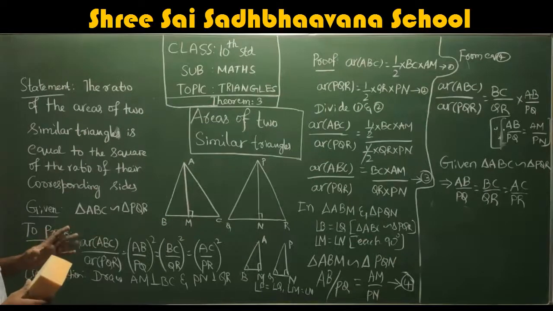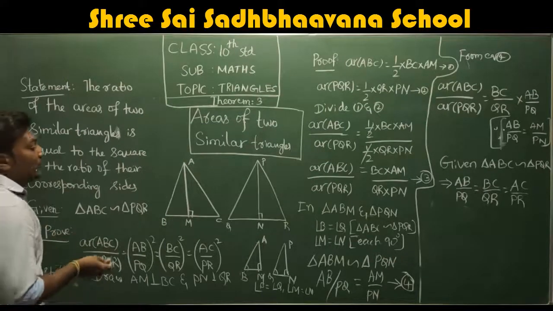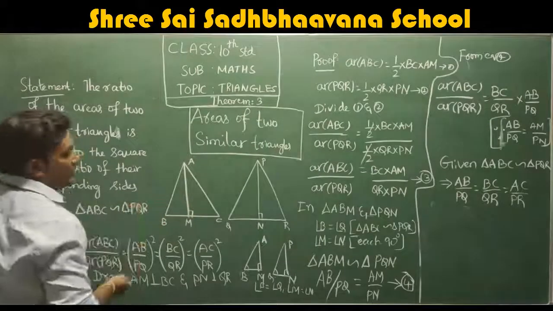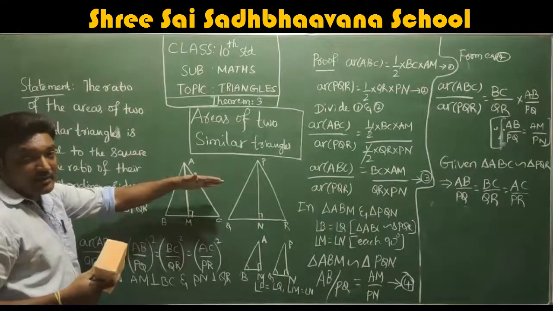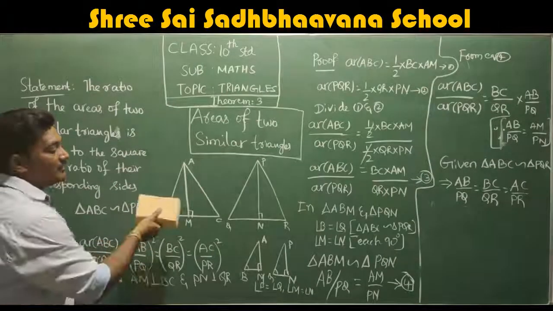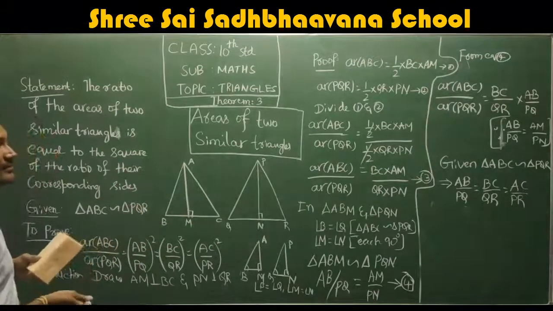This is the ratio of the areas of these two similar triangles. We are already given that triangle ABC and triangle PQR are similar triangles.